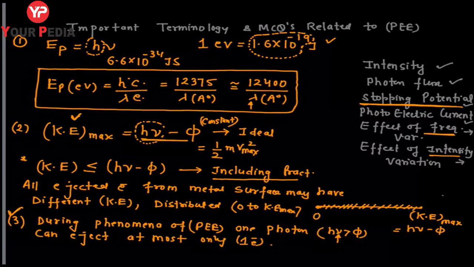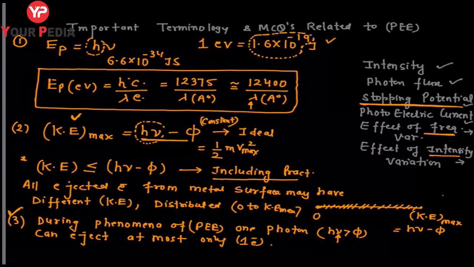It means if you increase the frequency of incident light, you are increasing the maximum kinetic energy of the ejected electron. You can't say that by increasing the frequency of the incident photon you can expect more ejected electrons. No. Hopefully, right? So these are the three conclusions.